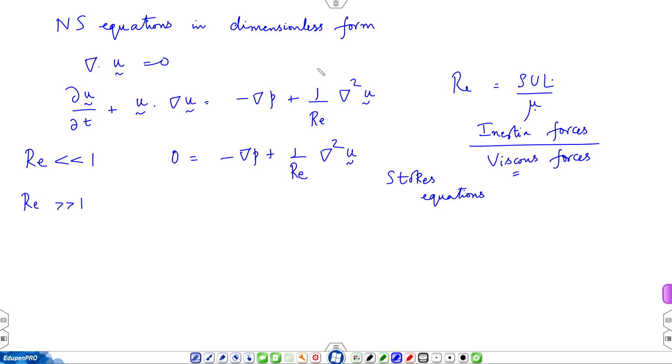So, you can drop the viscous term. I have dropped the viscous terms. These equations also have a name. They are called Euler equations.